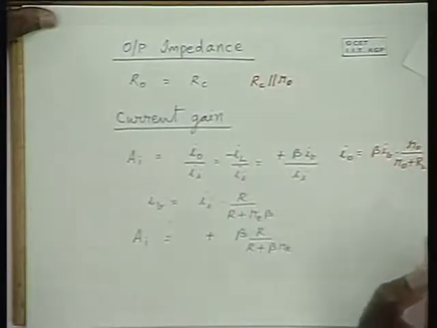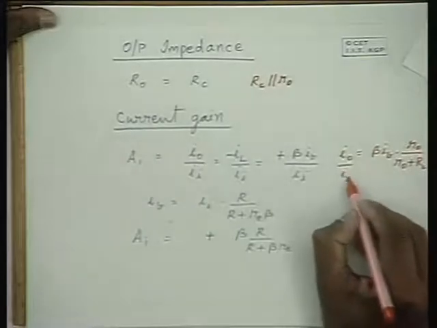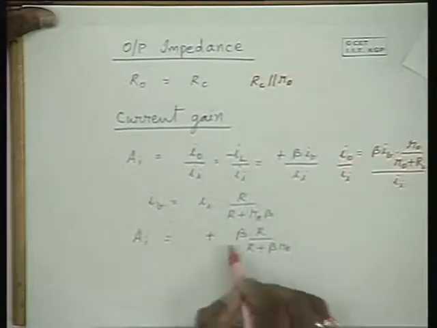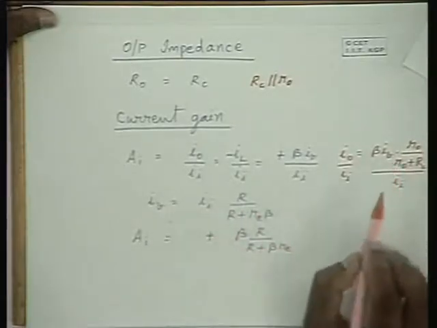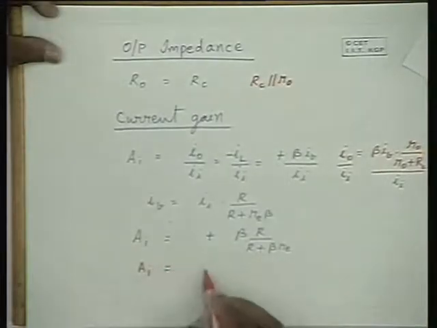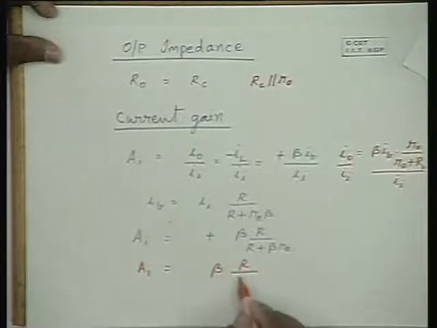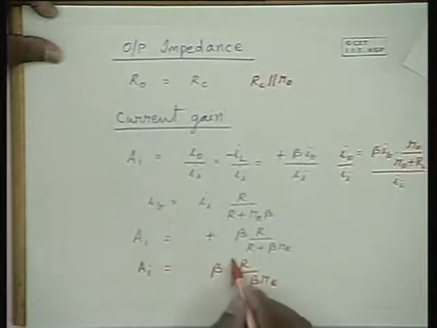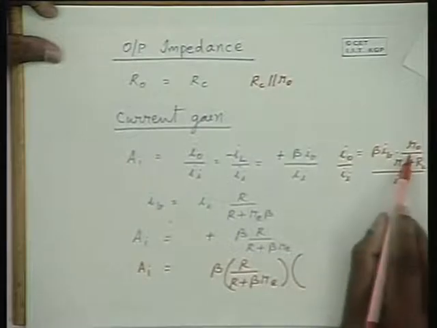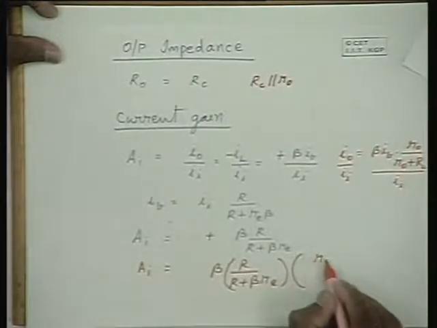This is I0, and when you divide it by II, you can make this substitution, and as a result you will find the current gain as beta into R by R plus beta RE. That is the expression for input side current division, and here you have an expression for the output side current division.